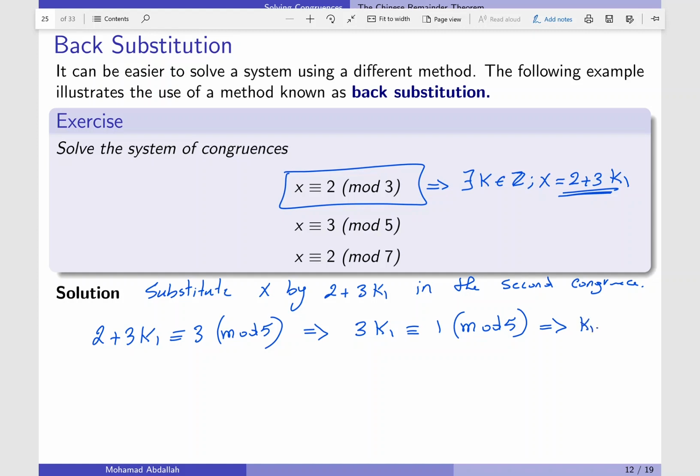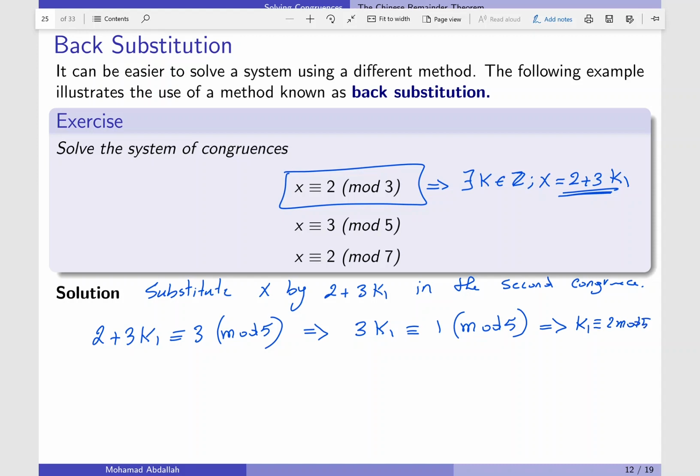So k1 is congruent to 2 mod 5. This means what?